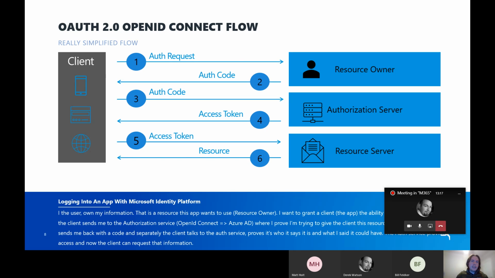It's going to make sure that this client's okay to check, and it's going to make sure that you are who you say you are, whether that's with a password, multi-factor identification, or passwordless. It's going to check, and then it's going to send back to the client, yes, this person is who they say they are.